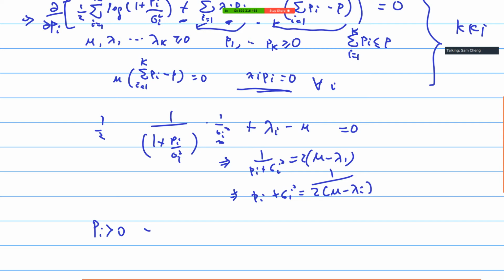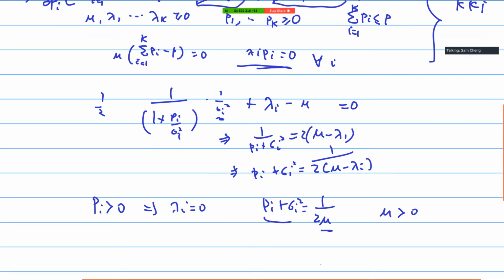Then lambda i is equal to 0. Then in that case I can ignore that, and I have pi plus sigma i squared is just equal to 1 over 2 mu. That's right. Actually, if you look at that, that means mu has to be positive, right? Because the left-hand side, power and sigma i squared, is positive, so this has to be positive.